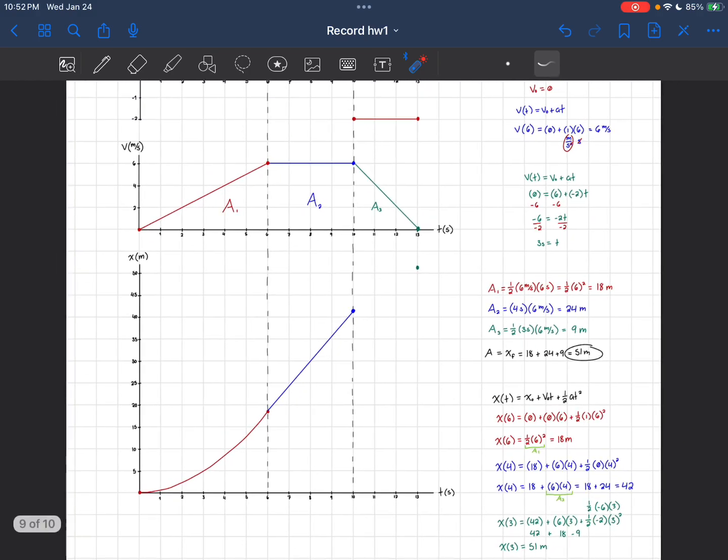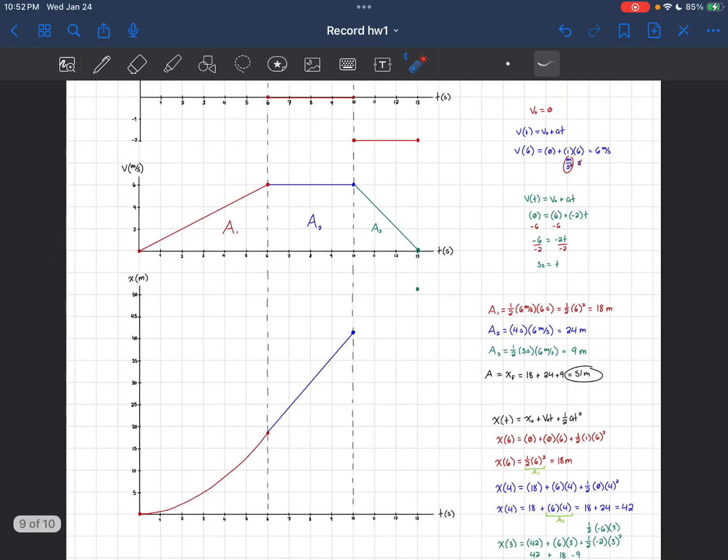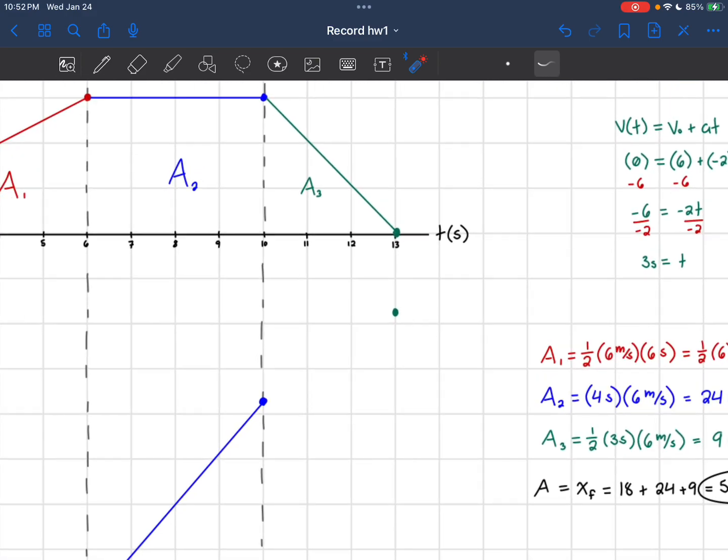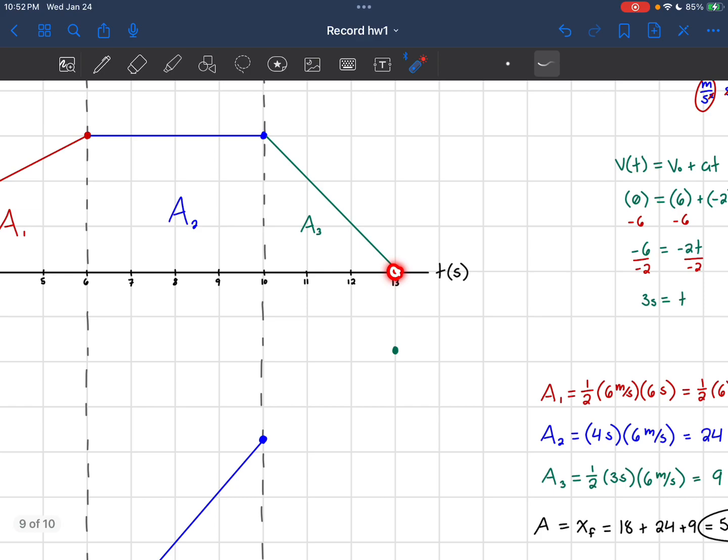Okay. So now we have to do the same kind of thing for my third chunk. Now my horizontal tangent line, right, my velocity is 0 out here. So my horizontal tangent line is at the end of the curve now. And over here, my velocity is still positive.